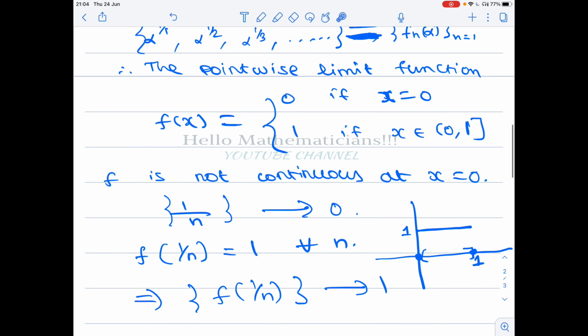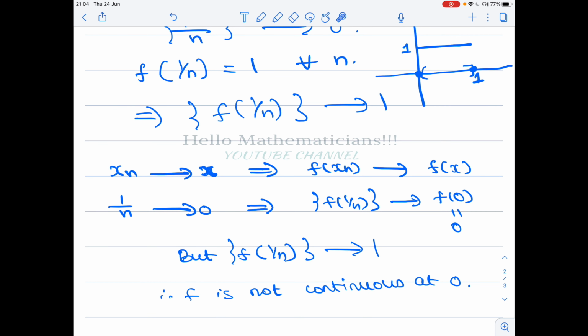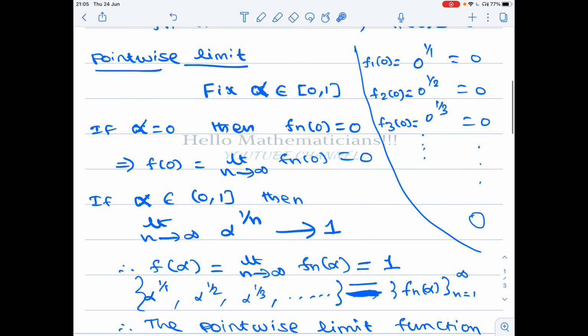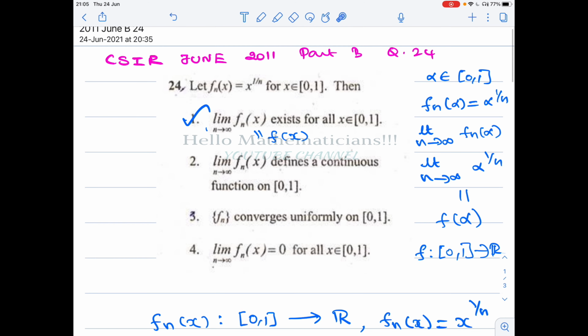So f of 1 by n should converge to 0 if f is continuous at 0. But f of 1 by n converges to 1, which is not equal to f of 0. Therefore, f is not continuous at 0. So f of x is not a continuous function.